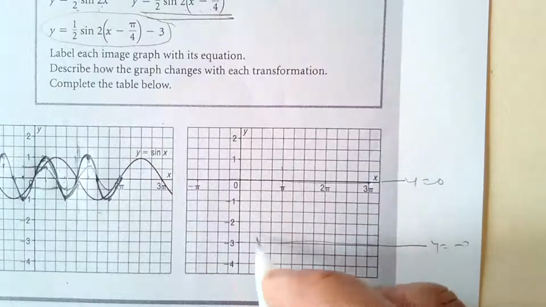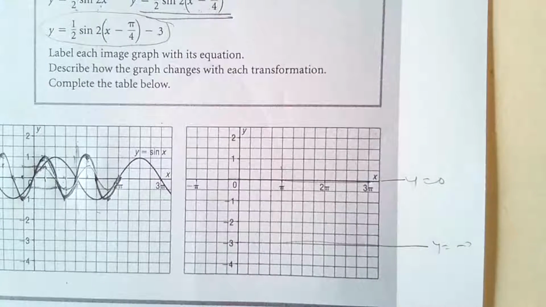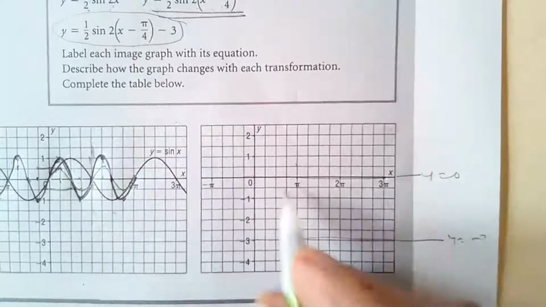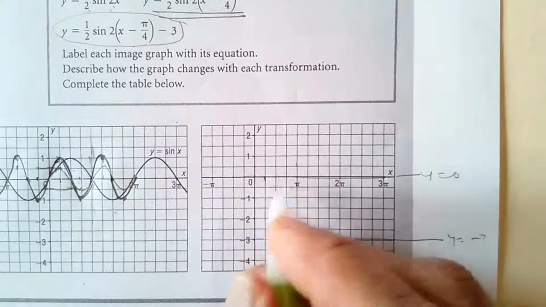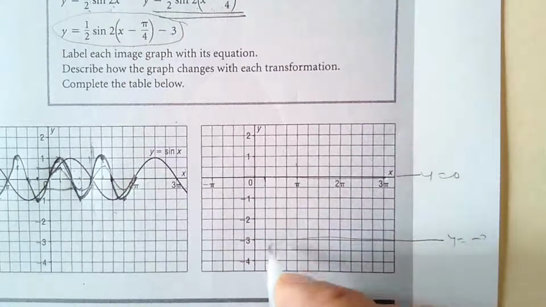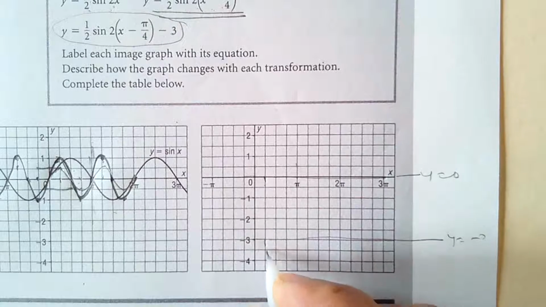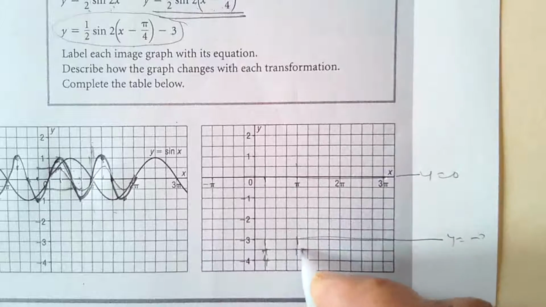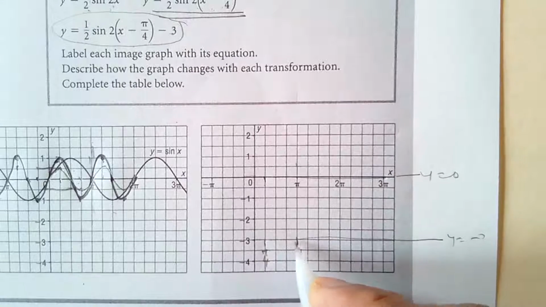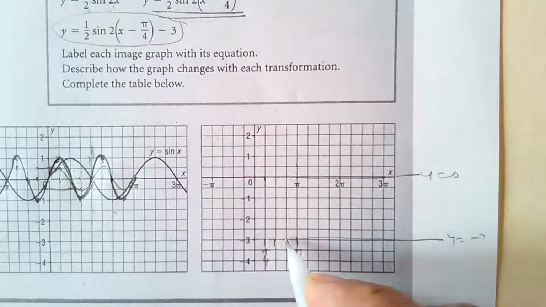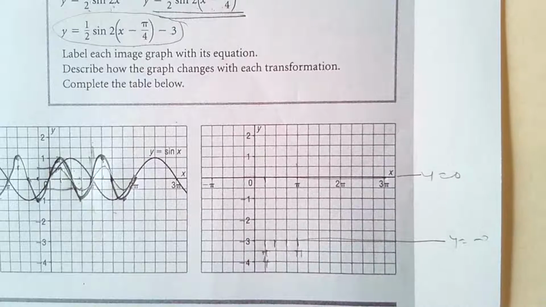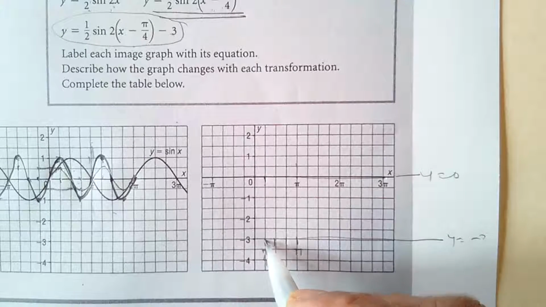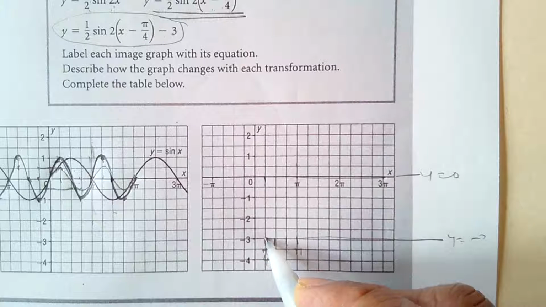So first of all, it shifts pi over 4 units. So here is your pi over 4. Here's the new pi. Half a pi, 3/4 pi. But instead of starting from 0 here, it's starting at this point here.